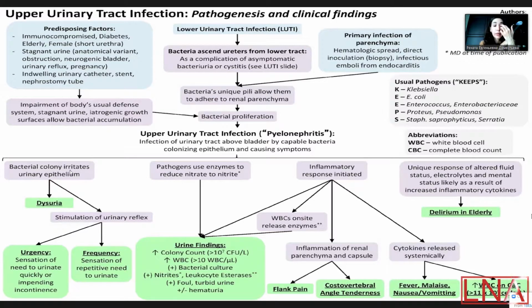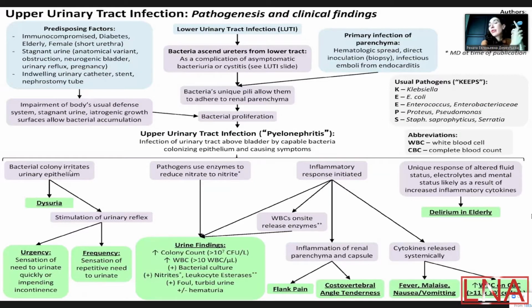So in the urine: increase in colony count in case of analysis of bacteriuria, increase in white blood cells or leukocytes in the urine analysis, positive bacterial culture, positive nitrates, positive leukocyte esterase, positive foul or turbid urine, and there can be hematuria, which is the presence of red blood cells in the urine analysis.